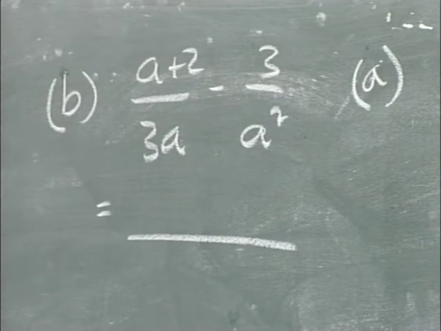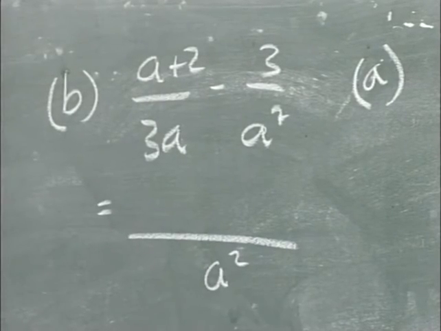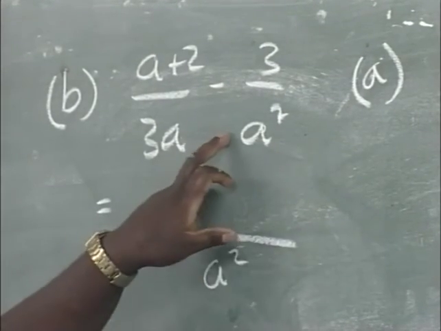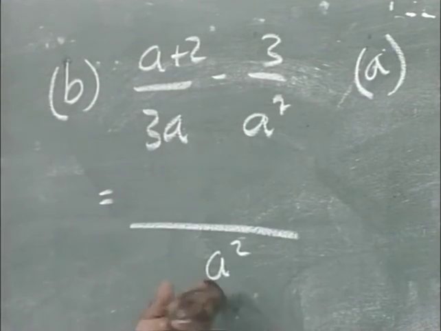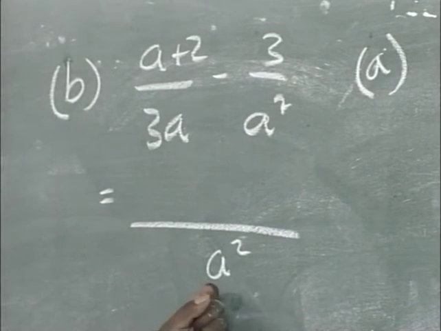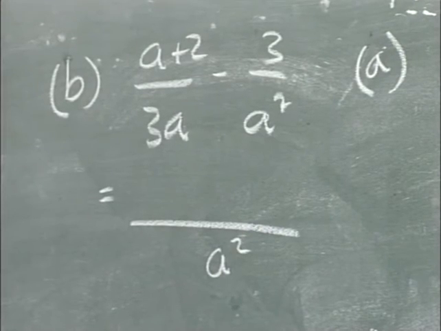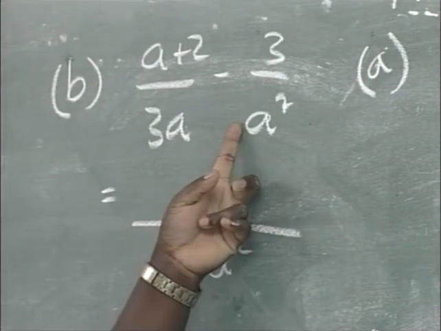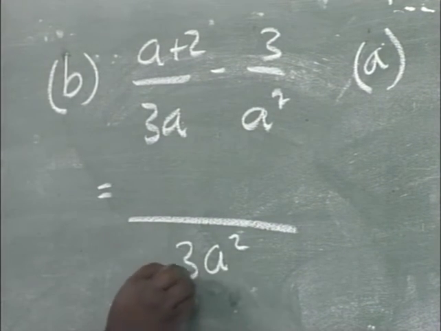The one with the highest power, so a squared. Is anything here and here common? Apart from the a and the a squared, we've already got the common multiple, which is a squared. 3, is it common here? No. So what did I say here? You get it and multiply it by what you've got already. So you multiply this by 3.